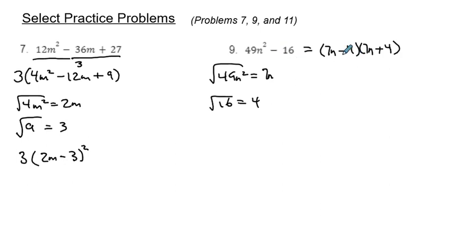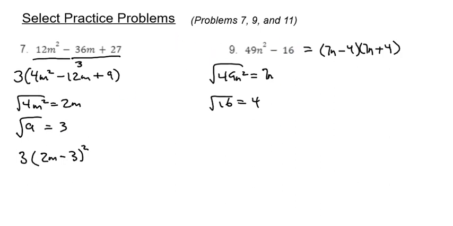Otherwise, if you had them both the same, you would have something that looks like what you got over here, a perfect square trinomial. That's really the only difference between them. Once you do that, this one's pretty straightforward.